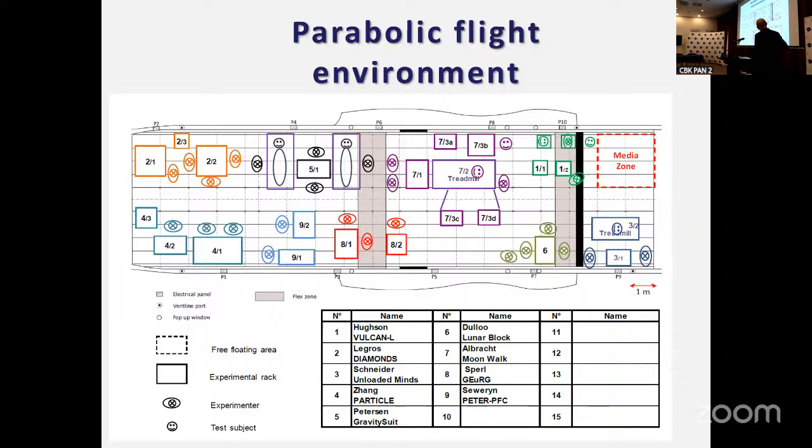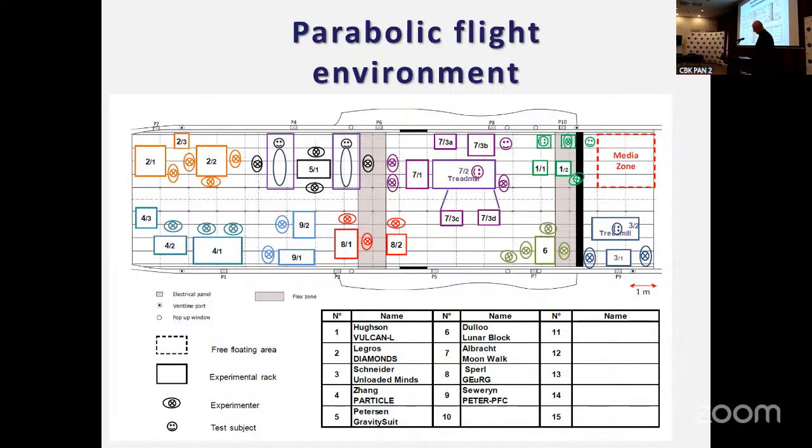Okay, so this is the accommodation in the flight. This is the Airbus A310. If you see, there were 9 experiments, I would say from CNES, from DLR, from the UK, from Canada, and from Italy, if I remember well, and of course from Germany.